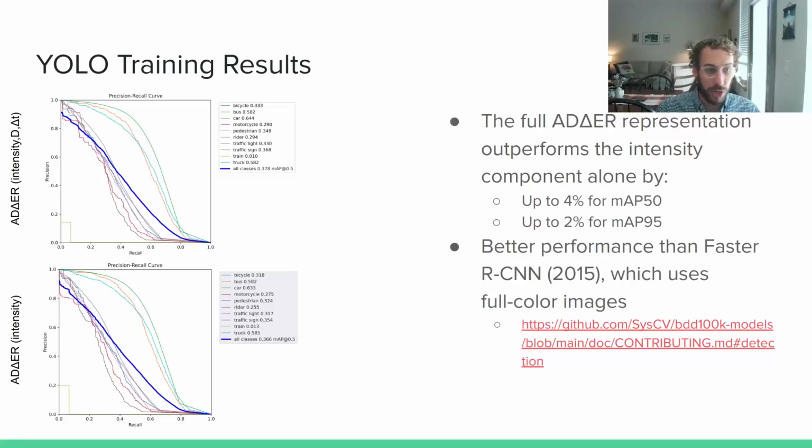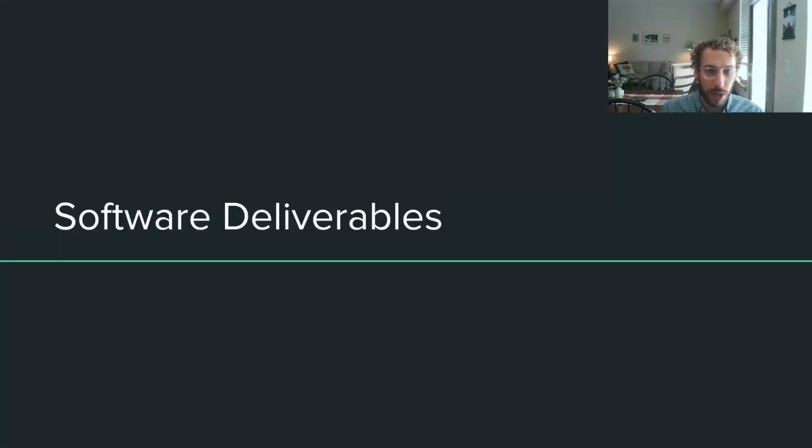We're just changing the values that we're encoding, adding additional features that describe the temporal stability of these pixels, so describing some notion of motion within a discrete image frame, and we see an immediate improvement, a small improvement, but an improvement nonetheless. We also seem to have better performance than Faster R-CNN tested on this dataset in 2015, and that test actually used the full color images, whereas we're only using the grayscale components of these images for our testing.